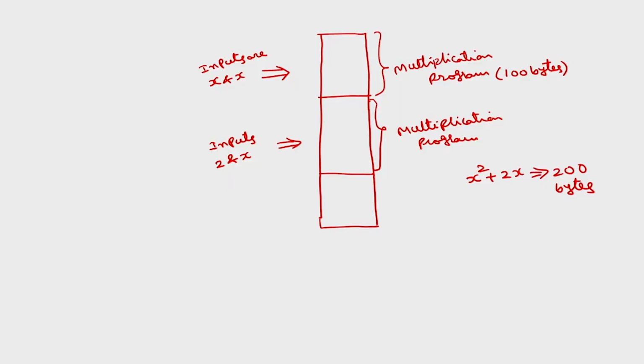Now, in the subroutine concept, this is my main program. In the main program, I will first initialize these two inputs. I will give the inputs as x and x using some instructions.